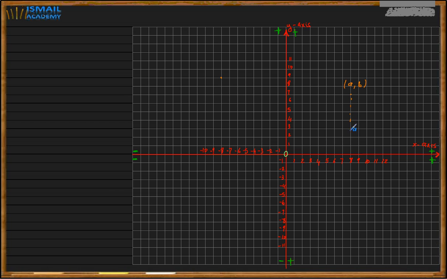You do a projection of the point on the x-axis, so I get my A. And if I do a horizontal projection on the y-axis of that point, I get my B. So that's exactly what a coordinate plane is. And A here, because it's on the x-axis, is called the x coordinate of that point. And B, because it's on the y-axis, is the y coordinate of that point.